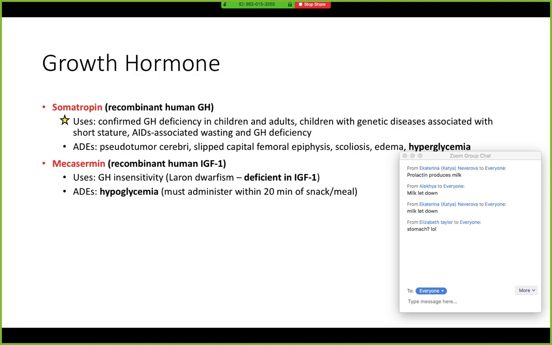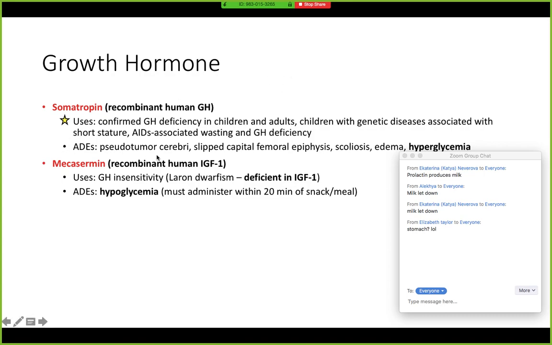Can you think of any? So you guys talked about Turner syndrome, right? So Turner syndrome, Prader-Willi syndrome, Noonan syndrome. Those are just some examples that you would use recombinant human growth hormone to treat the short stature that you'd see in those patients.